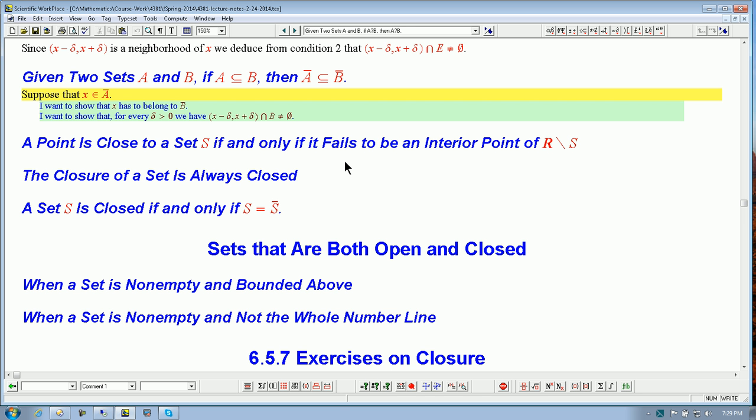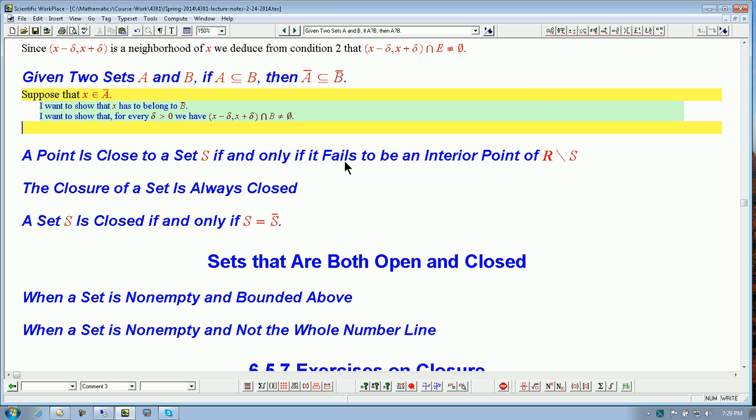How do you prove that something happens for every delta greater than 0? Suppose that delta is greater than 0. Well, we do have the stick center X radius delta intersected with A is non-empty. That we know, right?